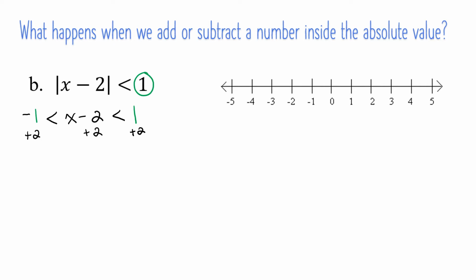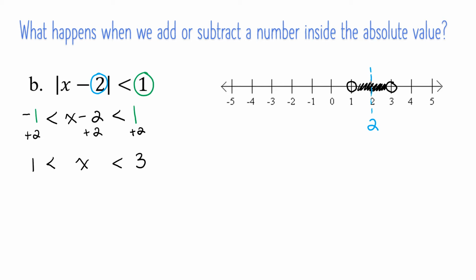So now we have 1 is less than x is less than 3. So we have an open circle at 1, an open circle at 3. And then we shade in between because x is between 1 and 3. Now, the center of this is at 2, which was that number that we subtracted from x.